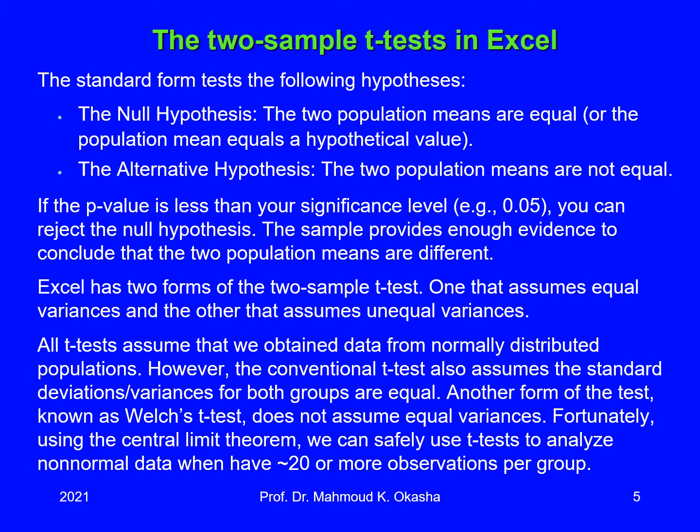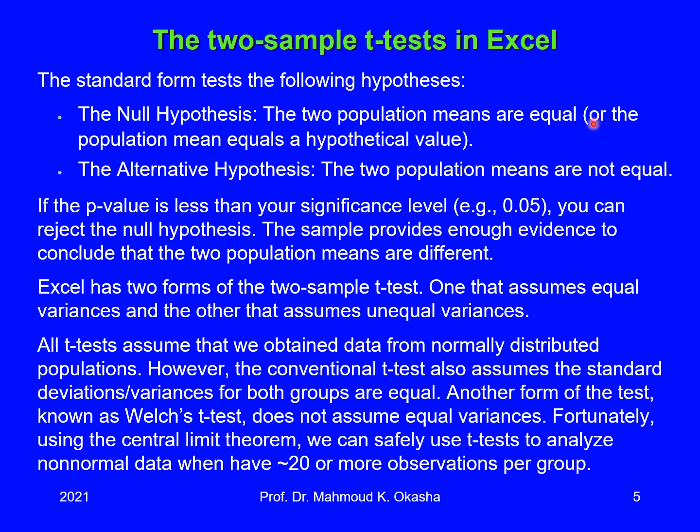Now, in all two sample t-tests in Excel, the null hypothesis assumes that the two population means are equal, or sometimes that the difference between the population means equals a specific hypothetical value, like not equal to 0.